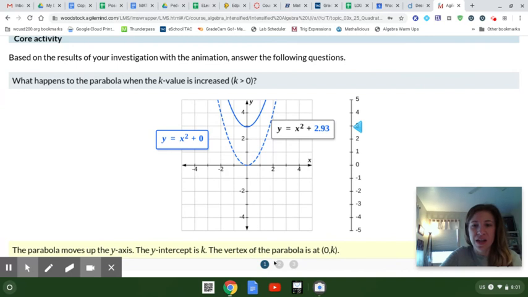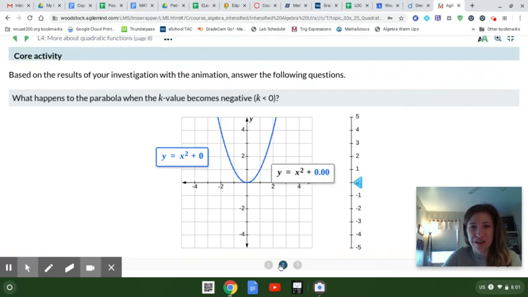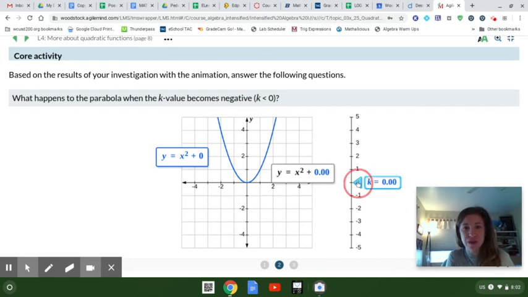Now I'm going to hit 2 down here, and this will move us to 7b if you are on page 262. What happens to the parabola when the k value becomes negative? Now, in the example where we drew right in our books, we thought about it as subtracting. We know that a subtraction sign is a negative sign for all intents and purposes. So what happens when I subtract a value or I have a negative?